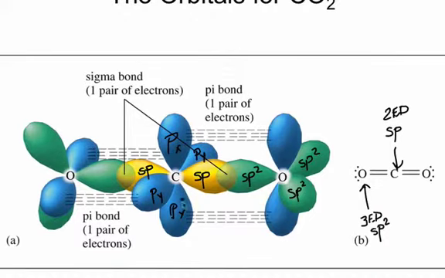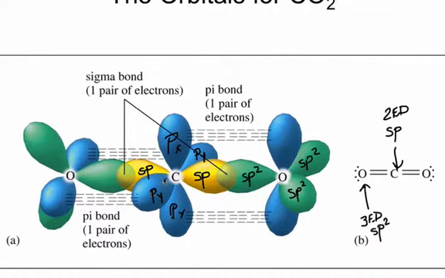So it has 2 p orbitals that are unhybridized. This top and this bottom is just 1 p orbital, because remember that they are dumbbell shaped. So this leftover p orbital right here is pi bonding with the unhybridized p orbital on this oxygen.